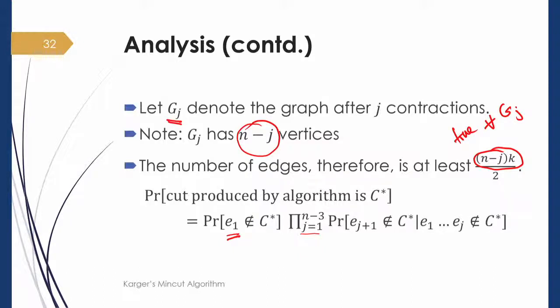But each one of these subsequent probabilities, notice, requires that the previous edges also do not belong to C star, because if any of the previous edges belong to C star, then the algorithm is already not going to lead us to C star.